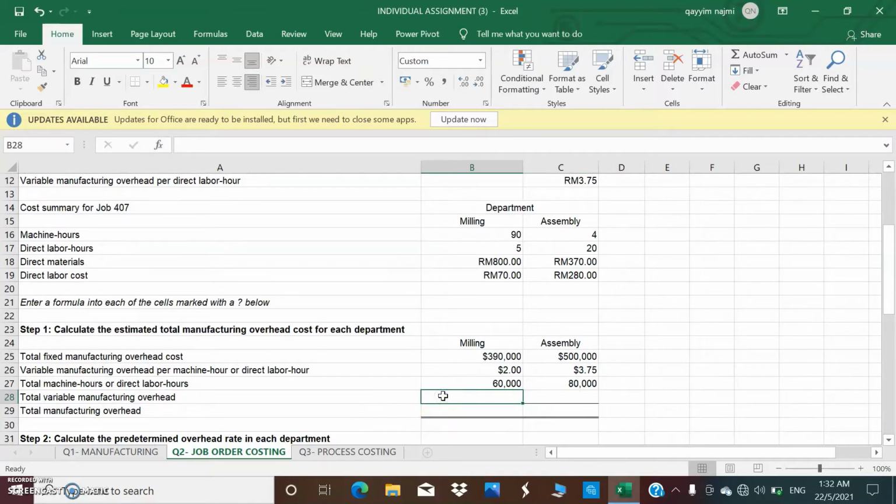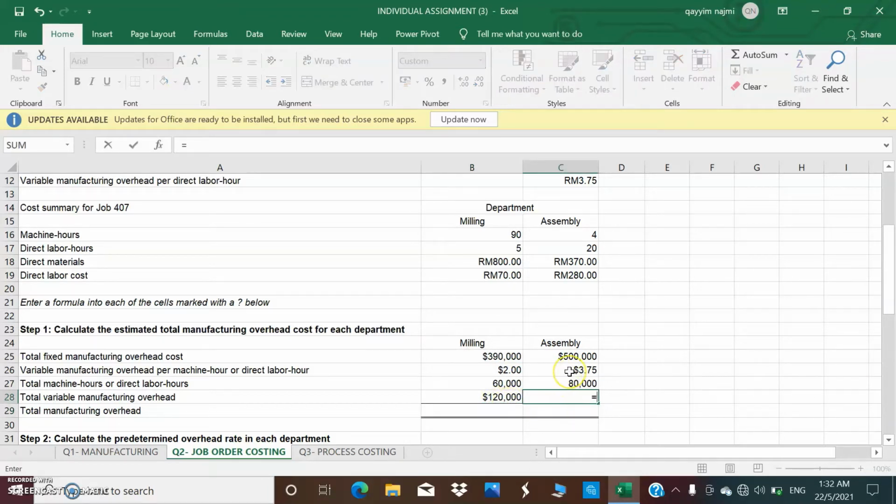Next, we get the total variable manufacturing overhead by multiplying the variable rate by the estimation: 2 times 60,000 gives 120,000. Same with assembly, 3.75 multiplied by 80,000 gives 300,000.